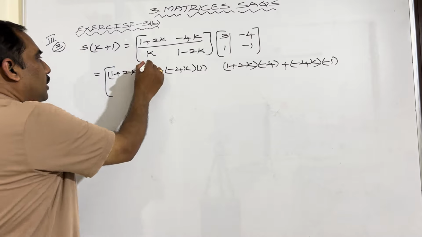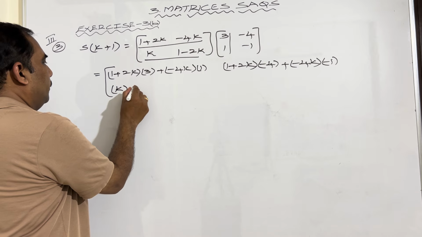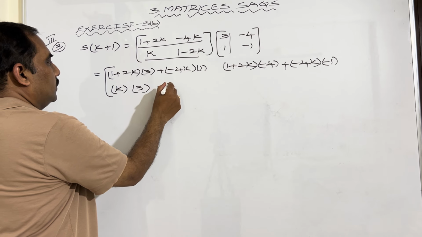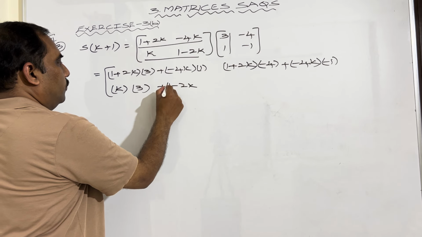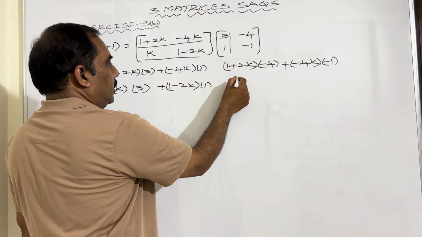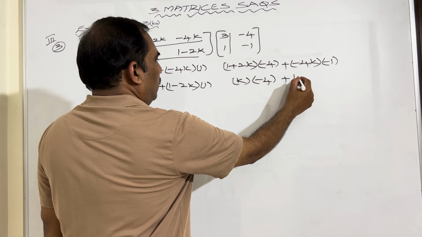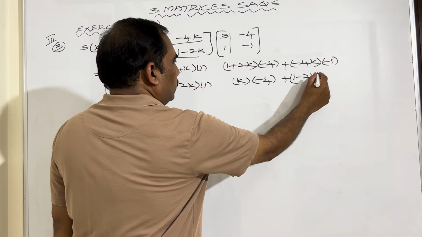Then second row first column multiplying, k into 3 plus 1 minus 2k into 1. Second row second column multiplying, k into minus 4 and plus 1 minus 2k into minus 1.